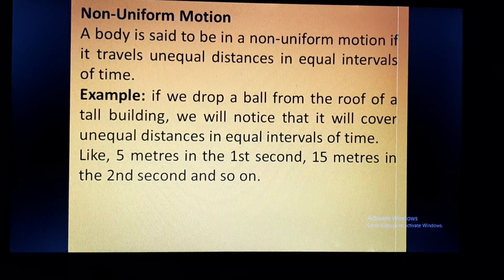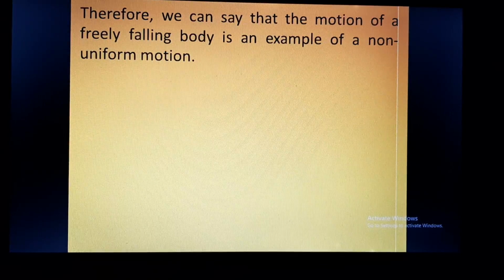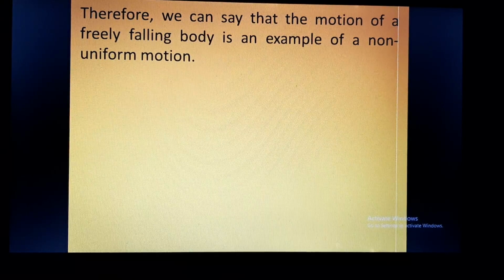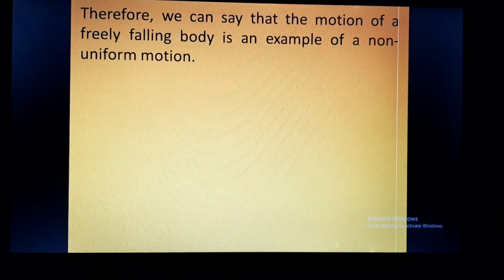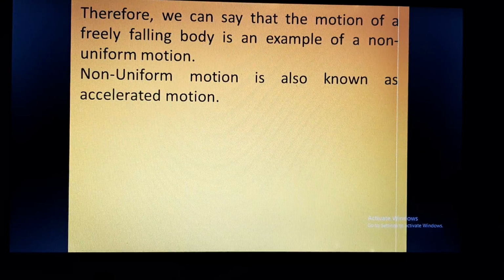Like 5 meters in the first second and in the next second it will cover 50 meters and so on. Thus, a freely falling ball will cover a smaller distance in the first second and a larger distance in later 1 second intervals. So therefore it is non-uniform motion. We can say that motion of a freely falling body is an example of non-uniform motion.